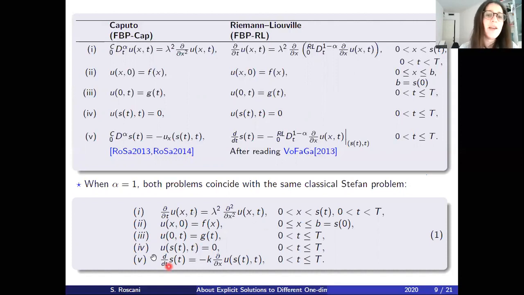So we said, let's take the simplest moving boundary problem, a one-dimensional, one-phase moving boundary problem. And what happens if we replace the time derivative by a Caputo derivative? So this is the mathematical model you get when you do this.